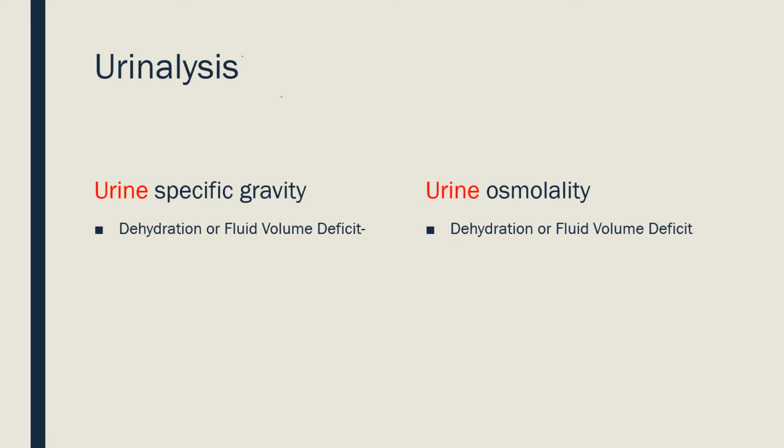If it's very high, then it means that your patient is dehydrated or has fluid volume deficit. And it will be the opposite for patients who have fluid volume overload, where their urine specific gravity will be low. And same thing with urine osmolality, it will be low.